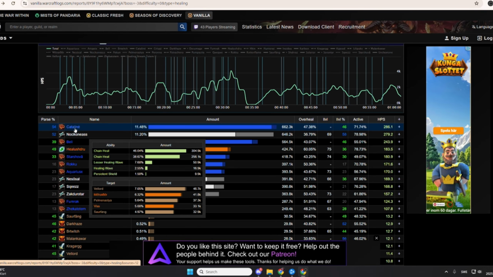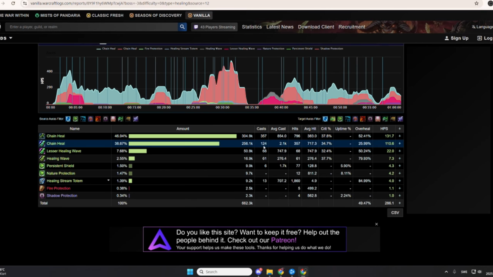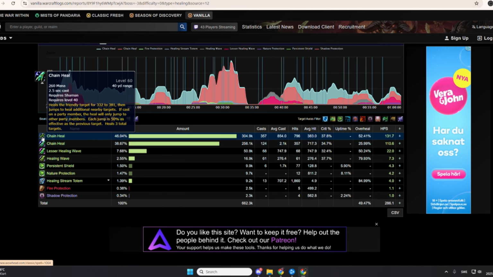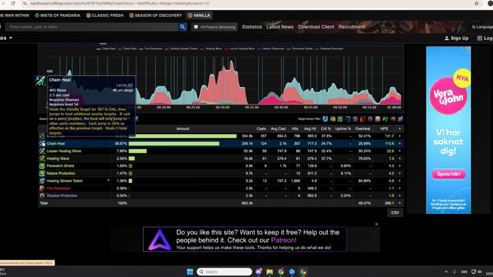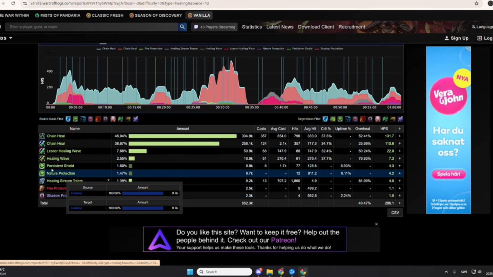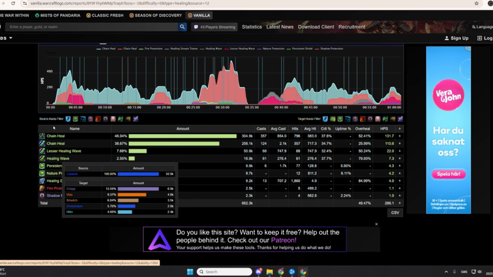There are different factors to look at, such as the amount of heals cast of a specific kind. As a shaman, you cast lower and higher ranks of Chain Heal, as well as some Lesser Healing Waves, and maybe you can cast lower rank Healing Wave to get the buff on the tank.